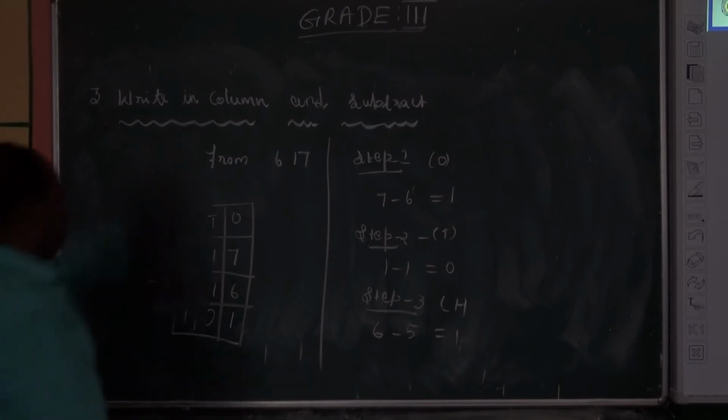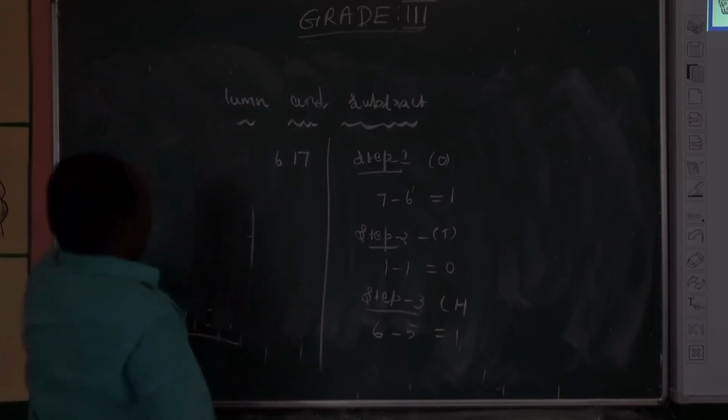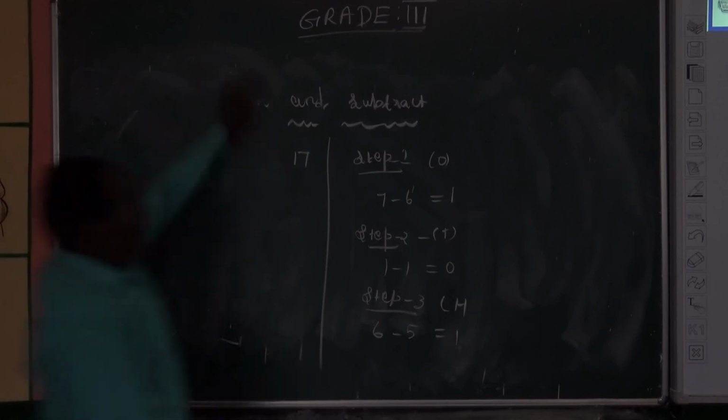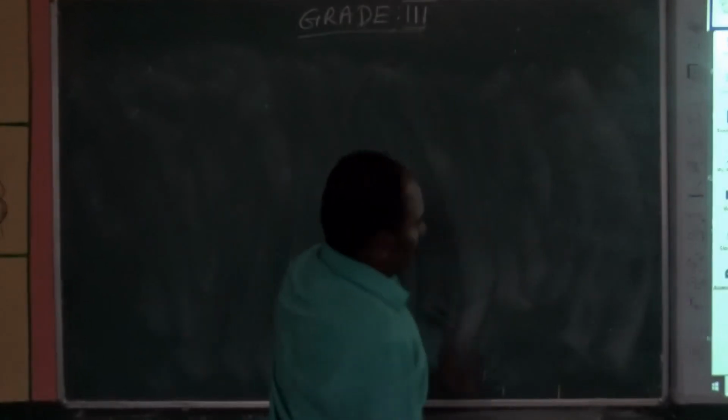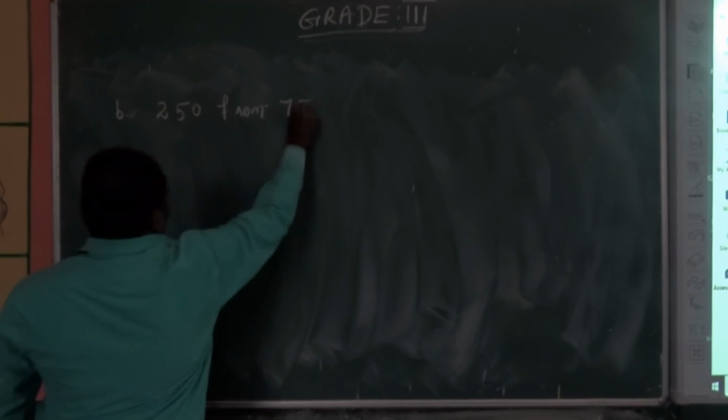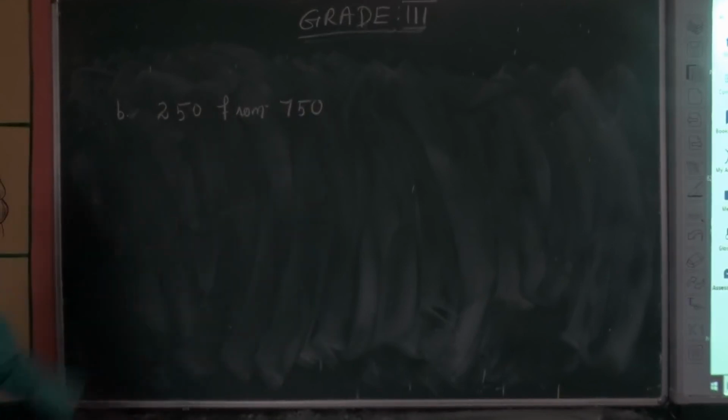The next one, B part. 250 from 750. 750 is the largest number.